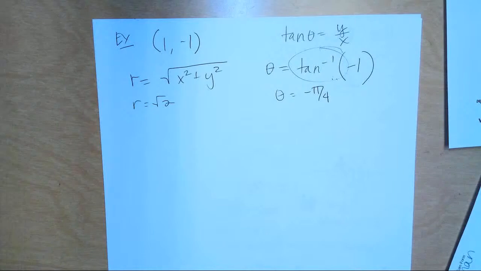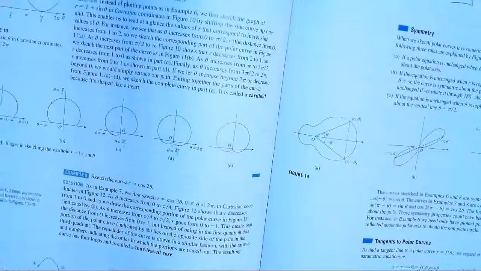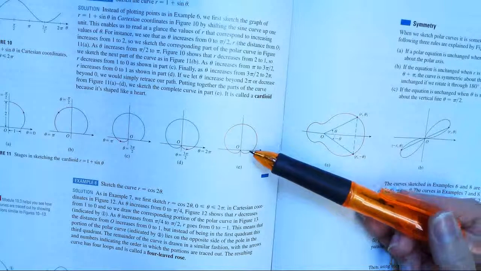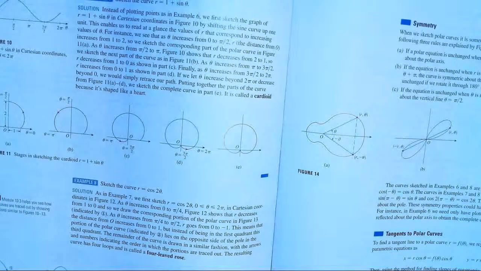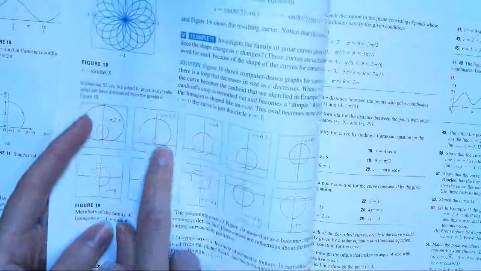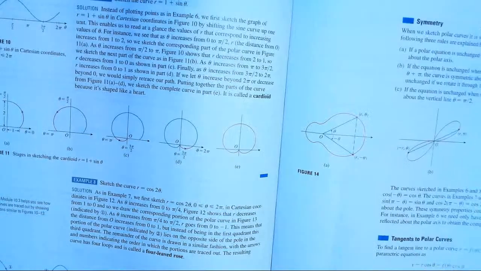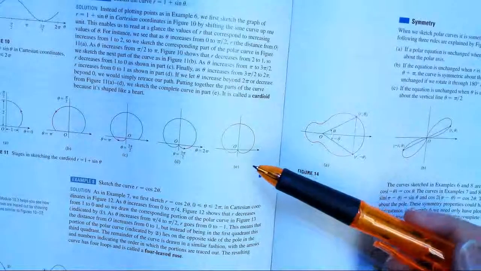This would be a cardioid. Cardioids can also have little shapes like this. They have a little circle. So that's a cardioid. Anything that's kind of heart-shaped is going to be a cardioid.